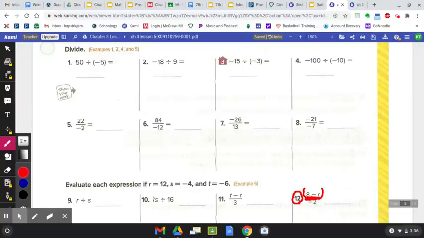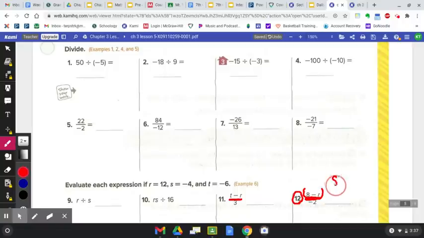Versus when I look at this form over here, it's r times s divided by 16. I can go in order of operations. But here, just like number 12, this whole top is divided by 3. So I have to figure out what the top value is first and then do the division.